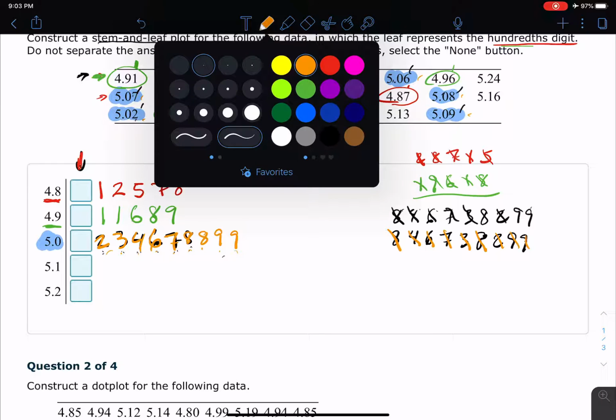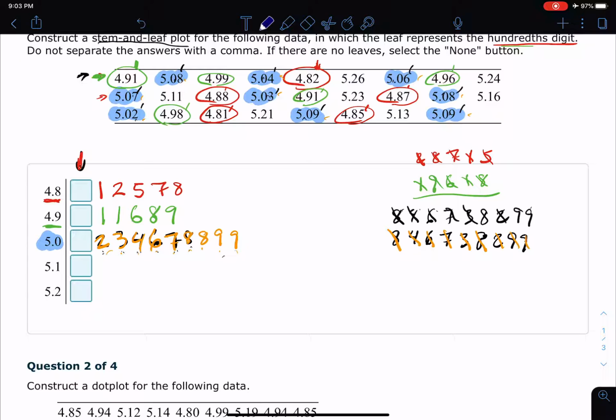I think the next item I'm going to do in dark purple. 5.1s I need here. So I see a 5.1 there, and a 5.1 there, and a 5.1 there. Putting the 5.1s in order, of course I've got a 1, then I keep on looking, I got a 6, and finally I've got a 3.